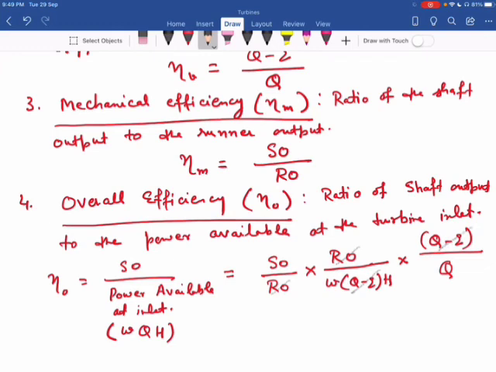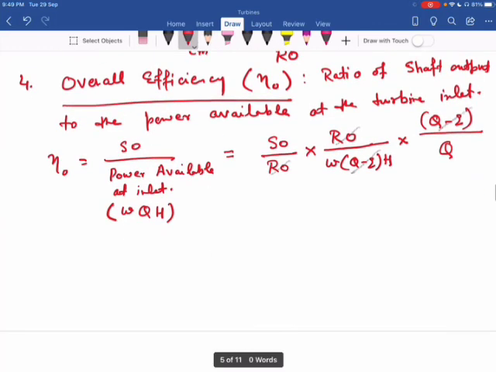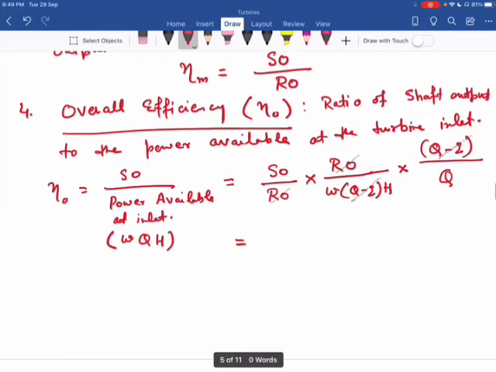So shaft output divided by WQH is the overall efficiency. Now, shaft output to runner output is the mechanical efficiency.